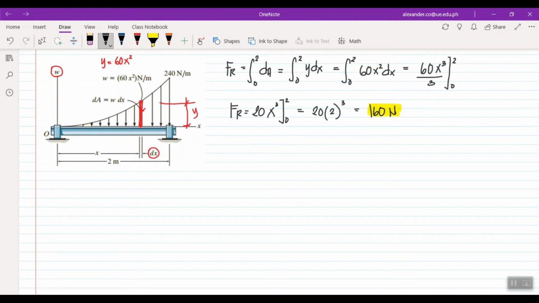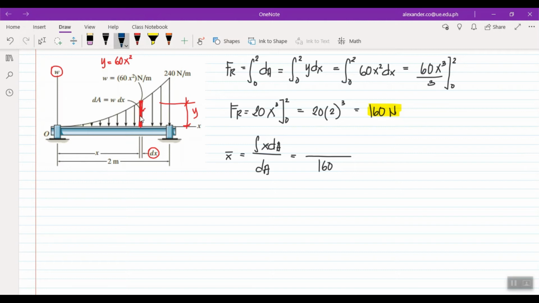Again, what is the distance x bar? So, ganun lang din ulit. The distance, pwede naman ganito: just get the centroid, integral of x dA over integral of dA. Okay, alam na natin yung area. Area, it's 160. O nga pala, ano ba ibig sabihin ng bar? Etong x na yan, yung x na yan, yung centroid ng strip.